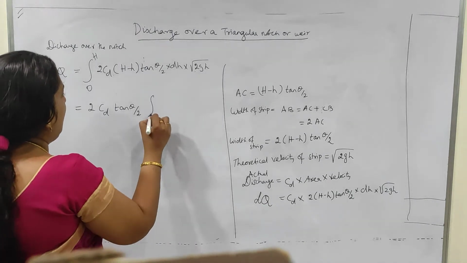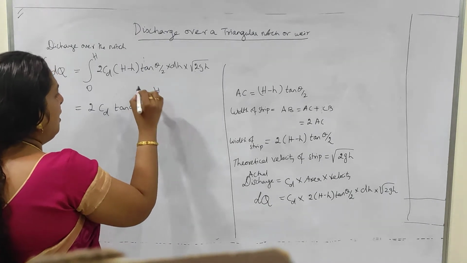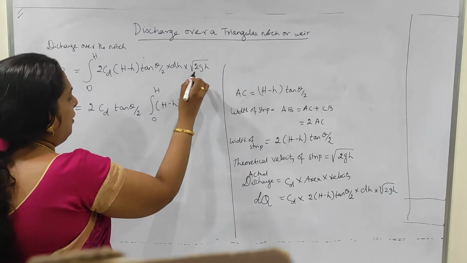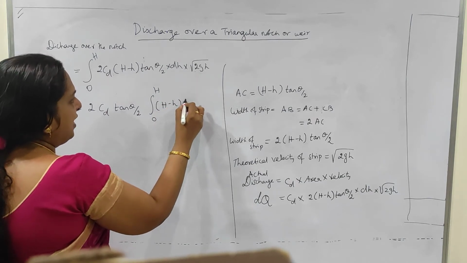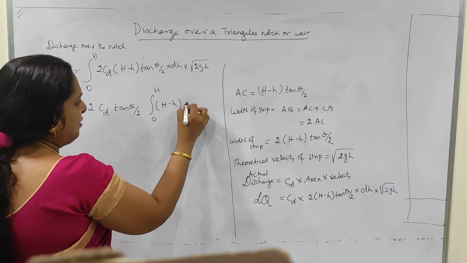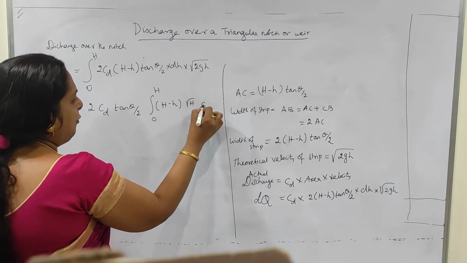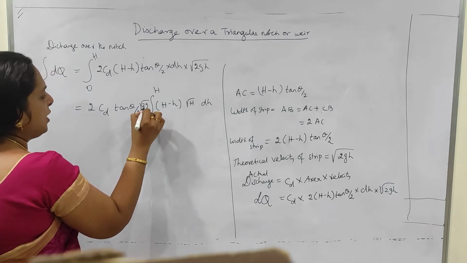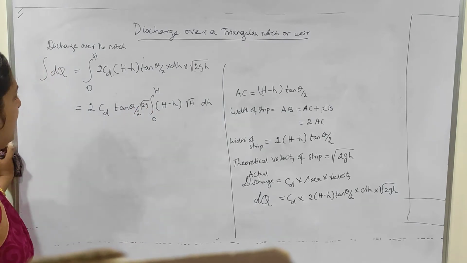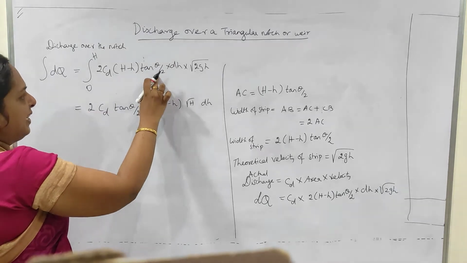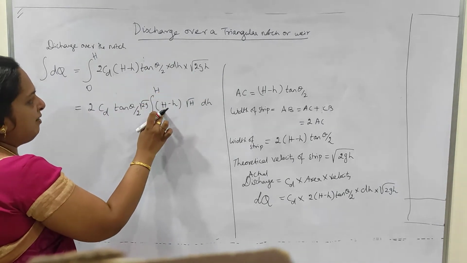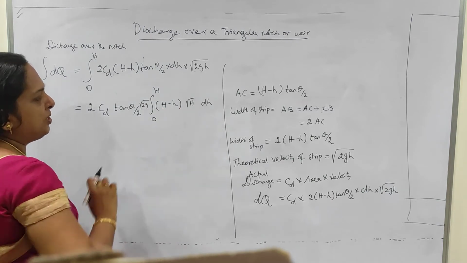And here I have the integral from 0 to H of (H minus h) into root of 2gh, taking only root h into dh. What about this root 2g? I am bringing that outside also. So all the constants I am bringing outside: 2 Cd tan theta by 2 root 2g. The remaining part will be (H minus h) into root h dh.